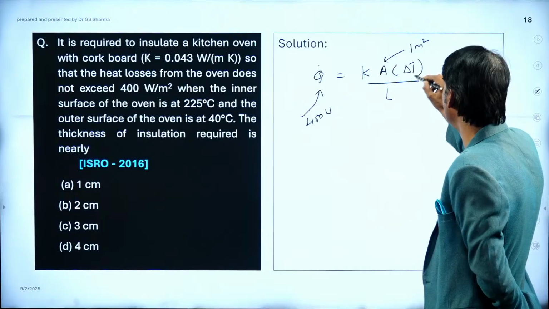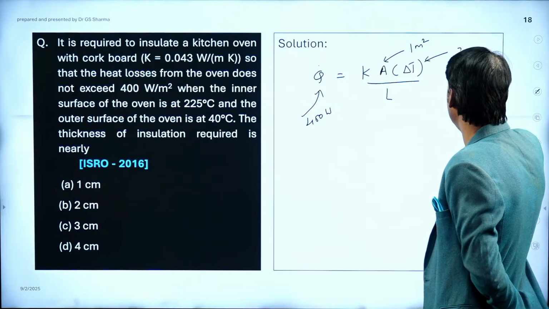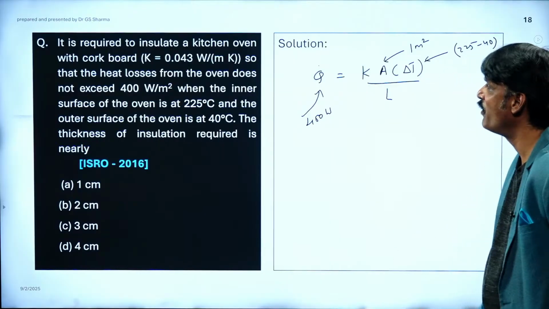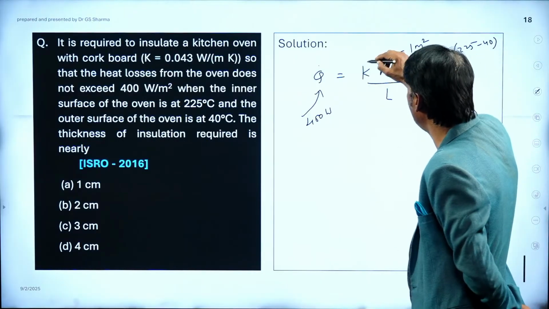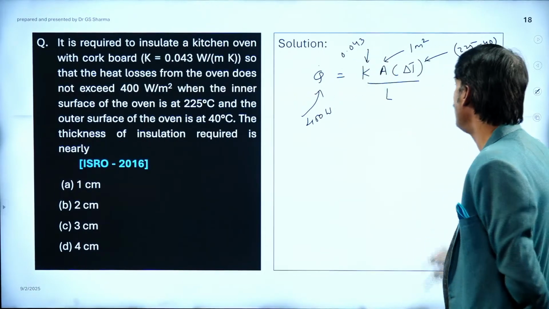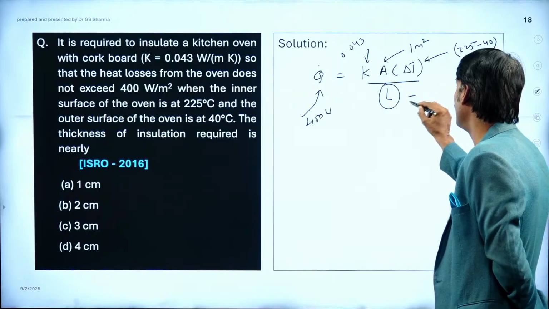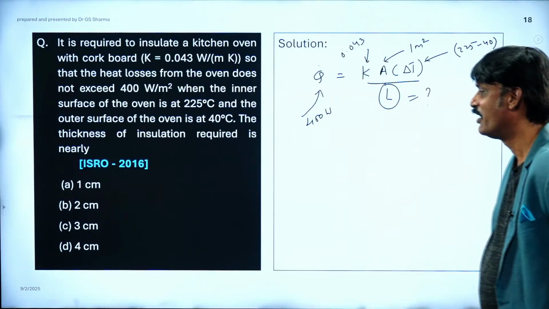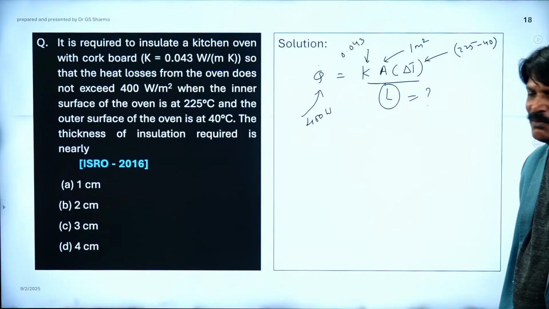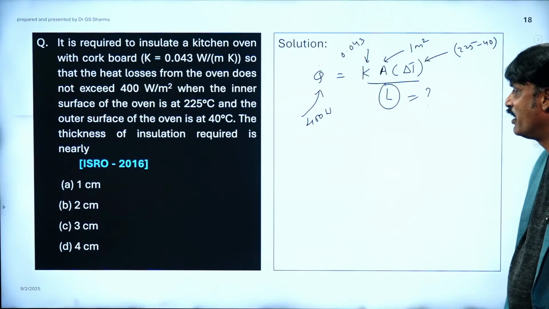This temperature drop is 225 minus 40, and this particular value of K is given as 0.043, and he is asking you what is the value of this particular thickness. So just check it. Your answer should be around 1 centimeter or so.